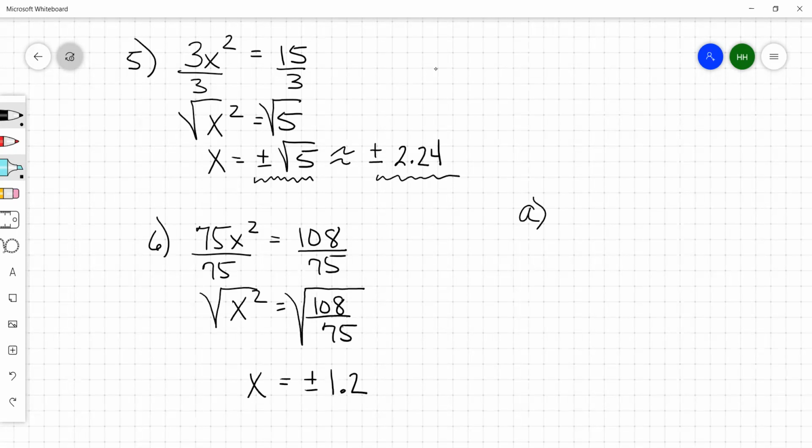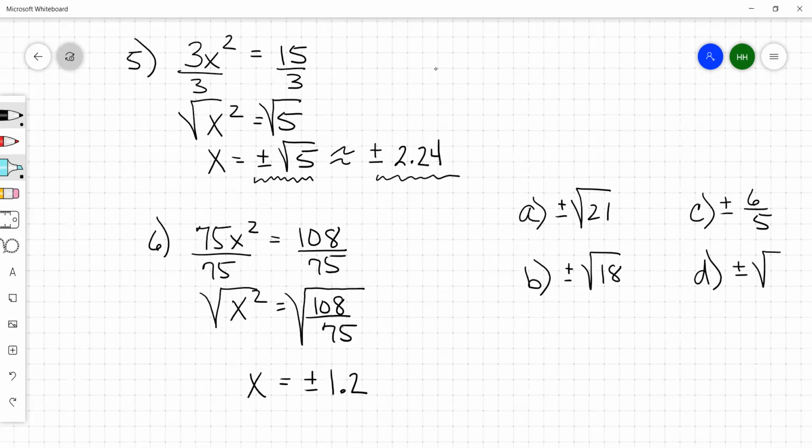If you get answer A, B, C, and D, and they're all in this form, plus or minus, just take your different radicals and find the square root of 21, and then find the square root of 18, and then find the square root of 26, and match up your decimals to the decimal answer that you have down here.